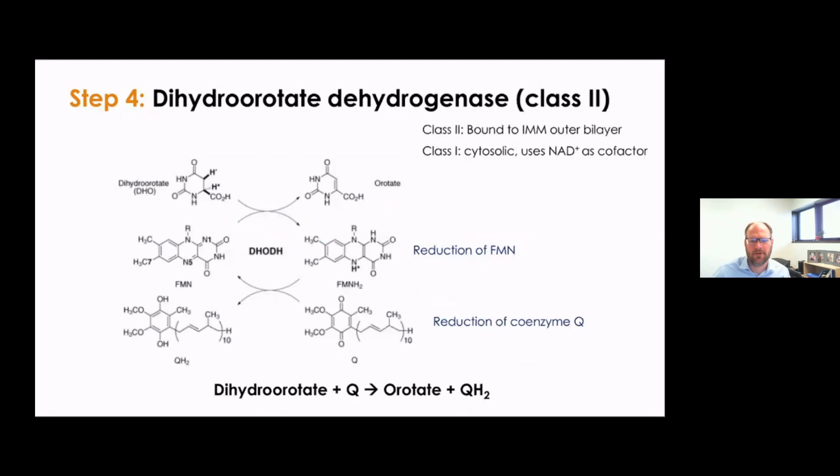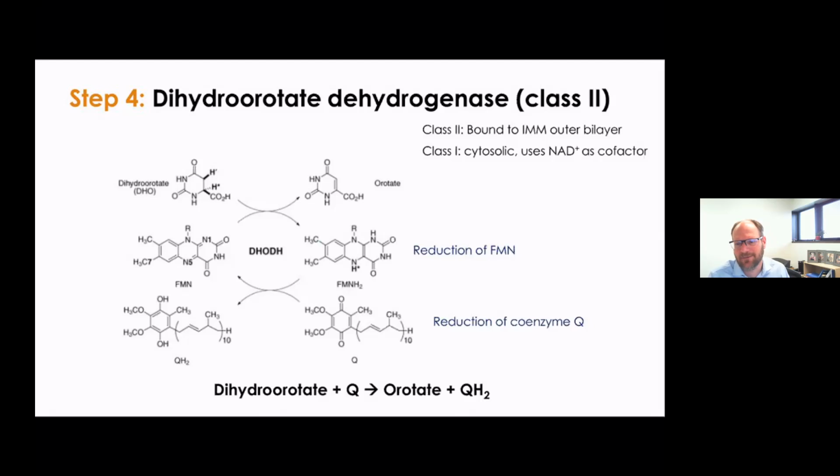Again, different creatures have different electron acceptors. So we're showing this as the malaria version. I don't remember now what the humans use as an electron acceptor, but I know yeast uses NAD or NADH, I think, as a cofactor. Oh, it's right there on the slide.